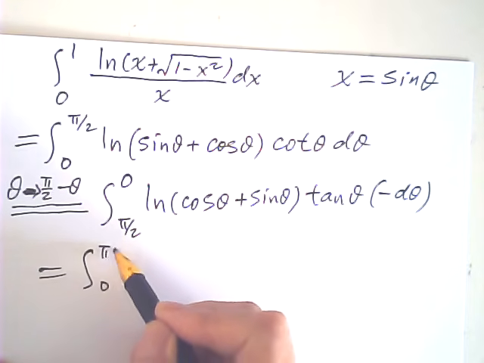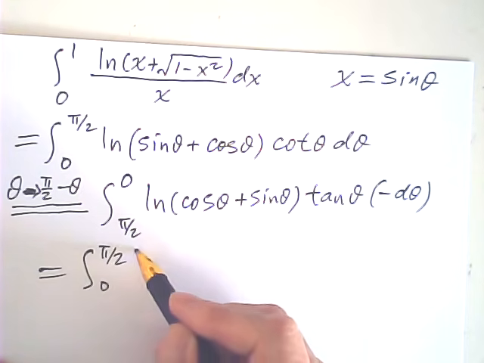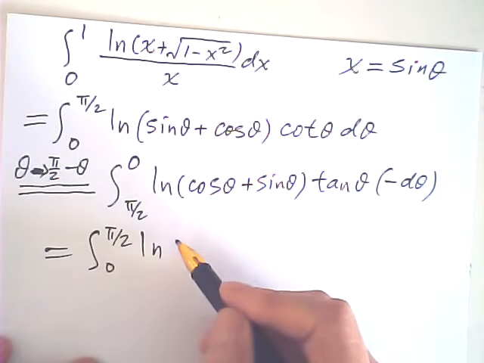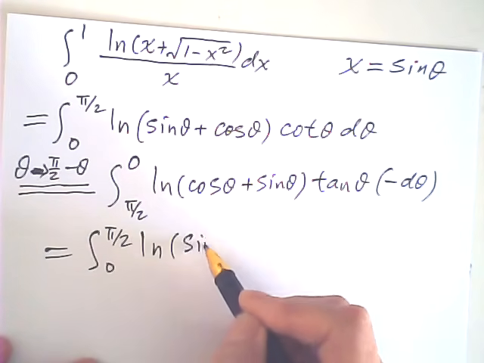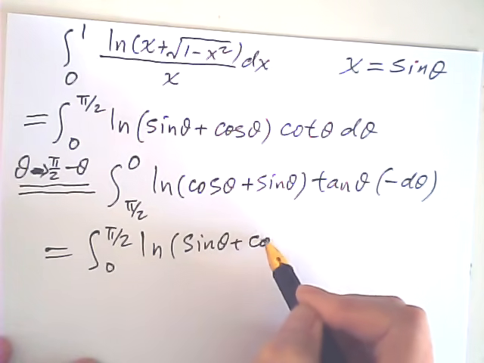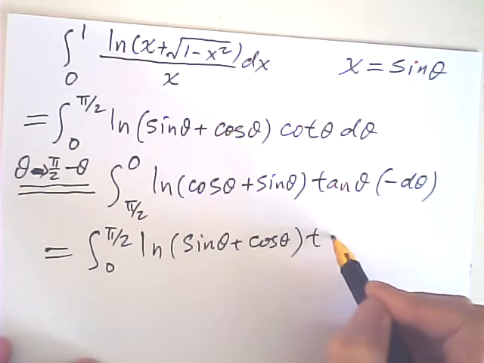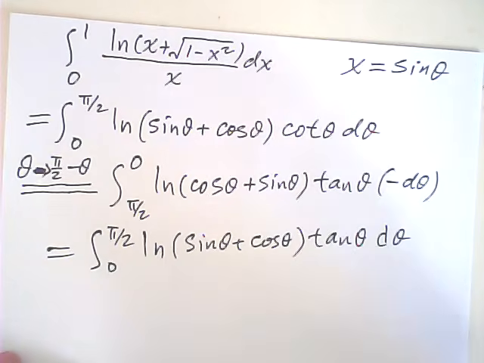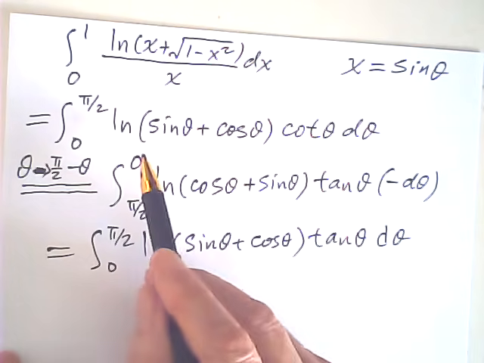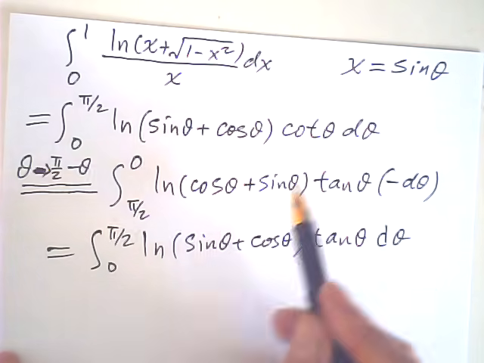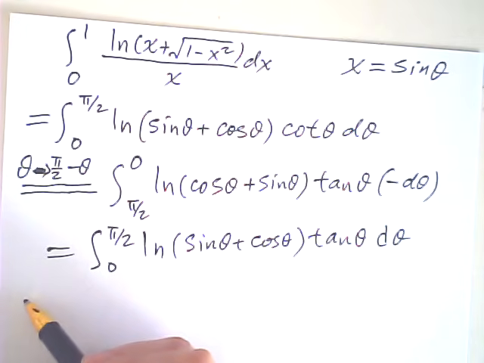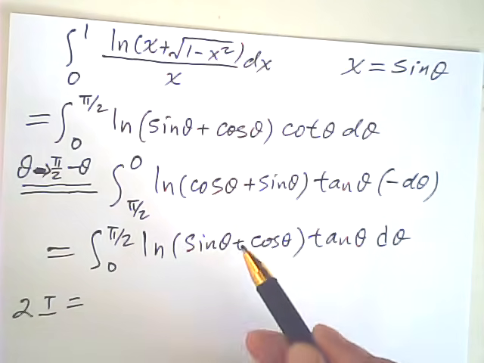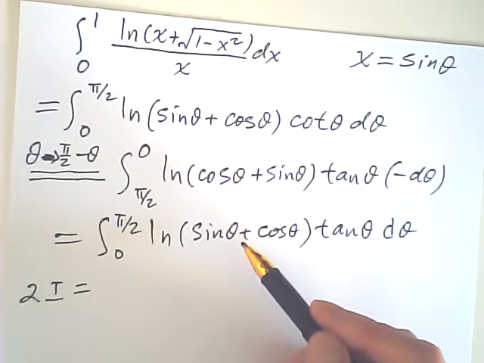That becomes half pi, log sine theta plus cosine theta times tangent theta and d theta. So this is also I. This is another I. This is also I. Therefore, 2I becomes this one plus that one.